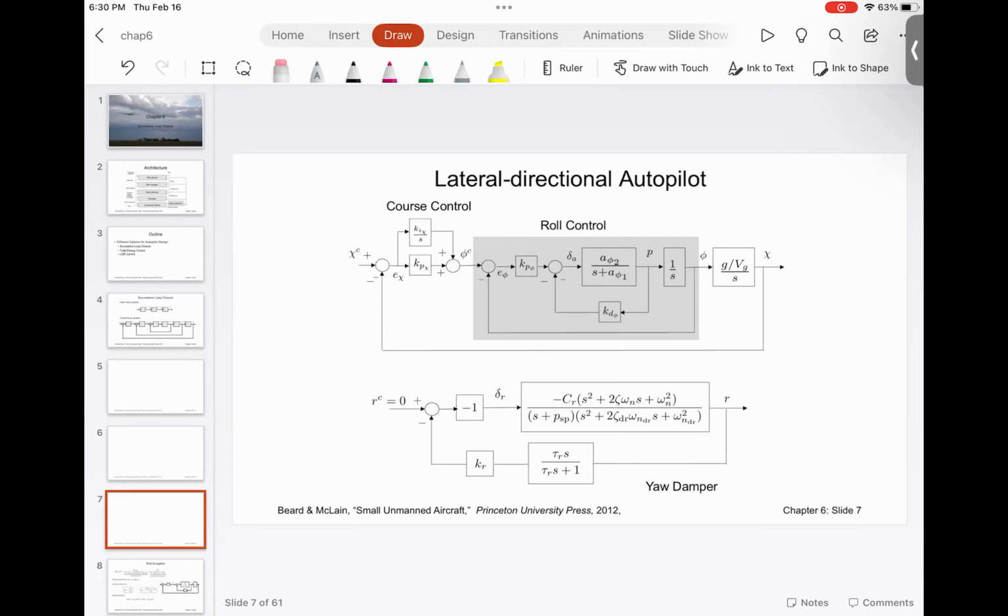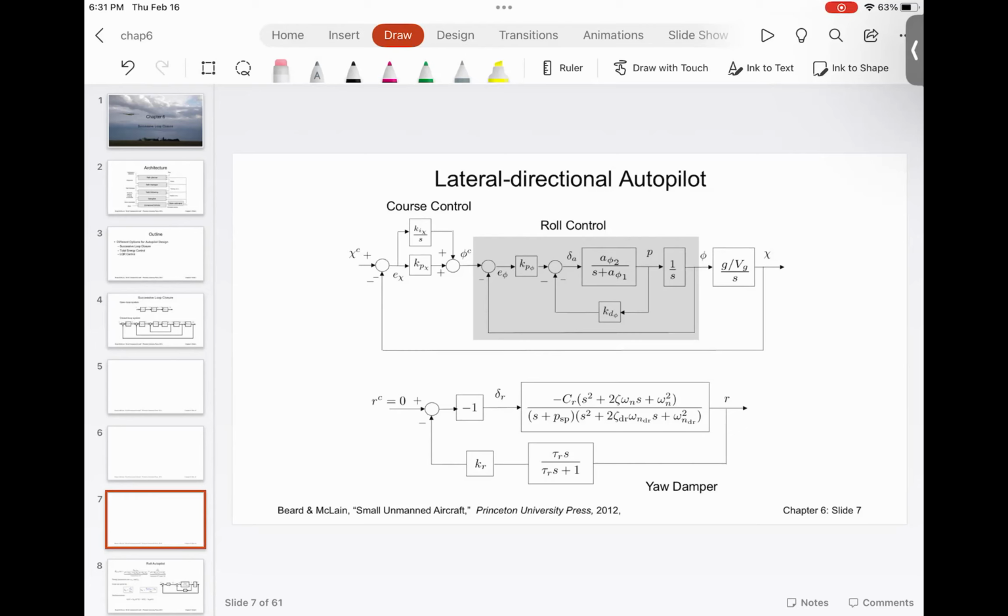So I say x of s divided by u of s is equal to 1 divided by m s square plus c s plus k. This equation can also be written as s square plus c by m, which is defined as 2 zeta omega n, s, plus k by m, which is omega n square. So this spring mass damper system, its representation x of s divided by u of s is something like this.